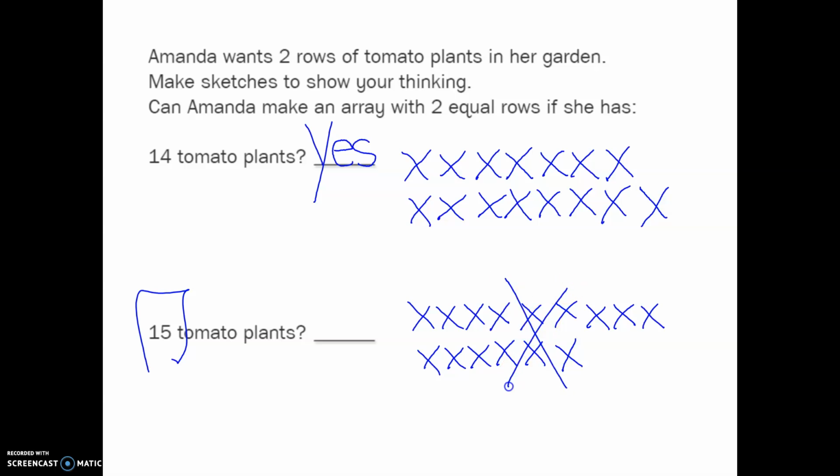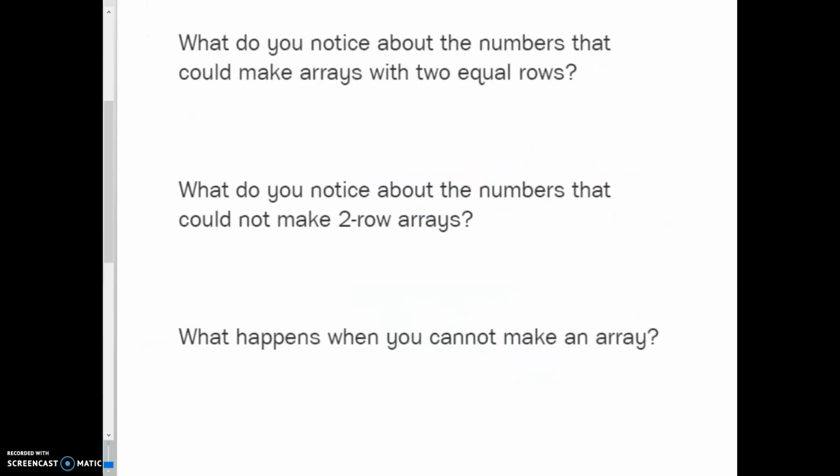Well, that didn't work for 15. The one above did not work for 15. So I'm going to say that no, I can't make an array with 2 equal rows if she has 15 tomato plants. So at the bottom of page 54, just some questions to think about.